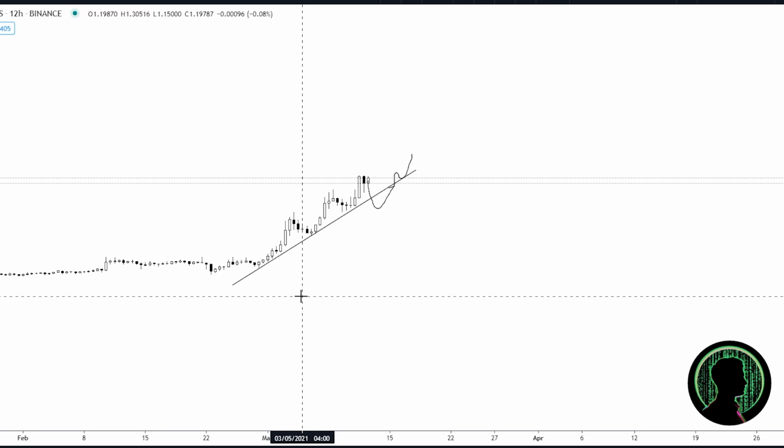Just because Matic is up 80% does not actually mean that it's any better than it was a month ago, right? It doesn't matter. Bitcoin dumping to 3.5k didn't mean that it was any worse than when it was trading at 7,000, right? Which is double the price that it went to. So just food for thought there. Price does not always reflect value, and knowing the price of something does not mean you know the value of it.